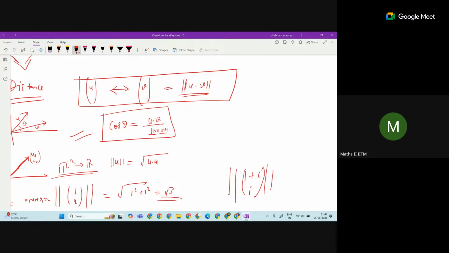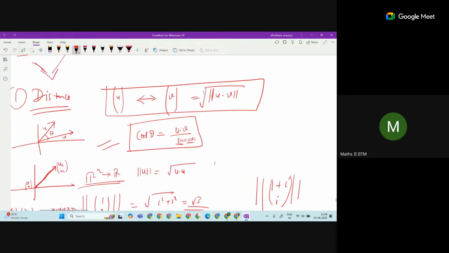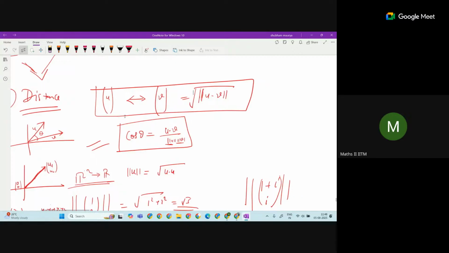The distance between two vectors u and v is: first you have to subtract them and then find the norm, the root of that. This is the same as finding the distance from the origin.